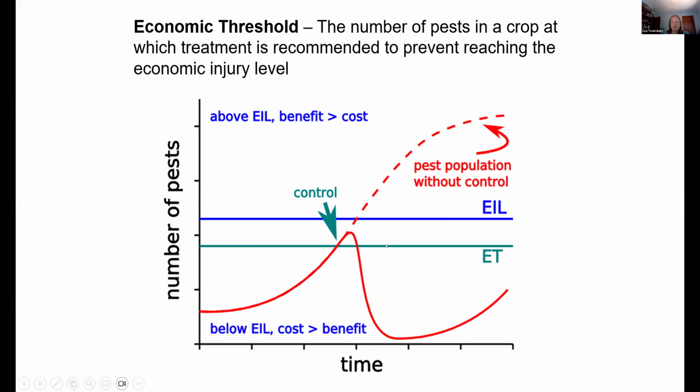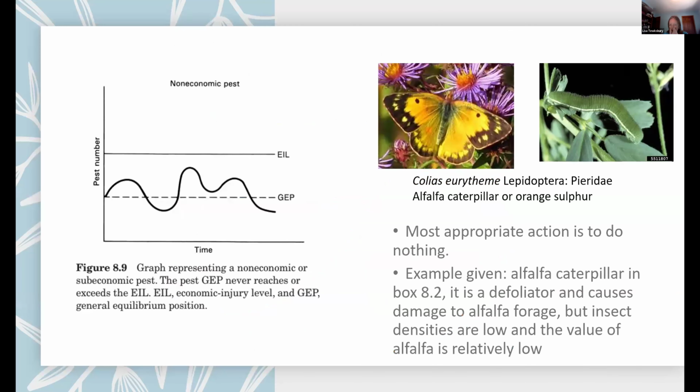And so this threshold is set for a particular pest to tell you, when the numbers get this high, you need to make some kind of a control decision, because otherwise the numbers are going to keep going higher and you're going to have problems. But if you make that effective control decision, then it knocks it back a bit. So that's one of the main ways of making pest management decisions.